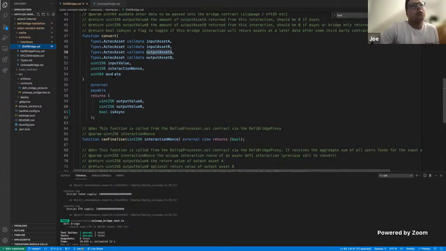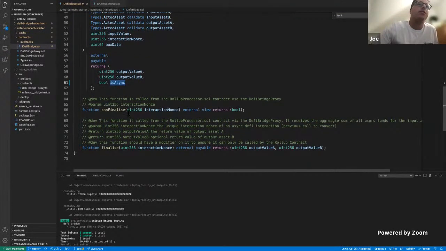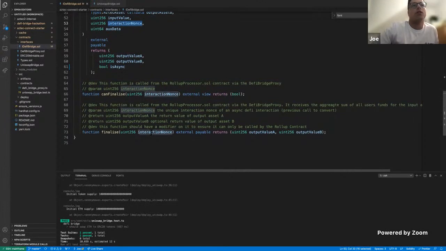So in this example, if we wanted to do the limit order, we would return async being true, which means these values would be 0. And then at some point later on, when the position was in range, you could set up a keeper to call can finalize with the ID of this particular interaction, and also call the finalize function, which actually returns the values back to the rollup.